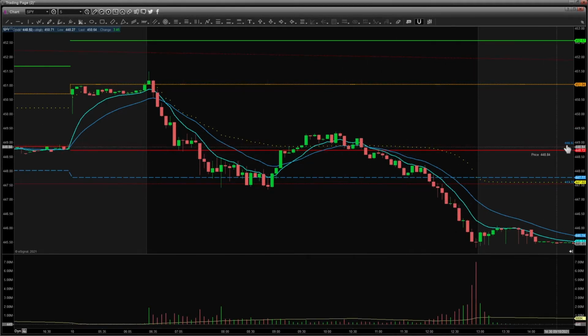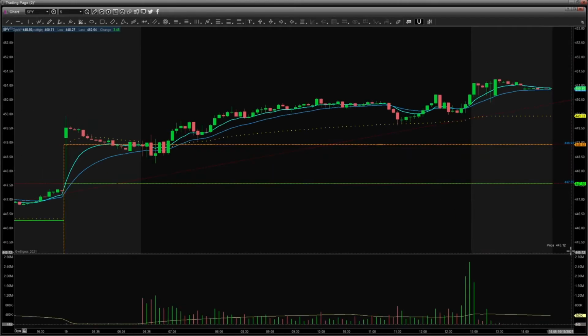So this is a significant line, 448.92. And if we fast forward to today, I'm just going to click this arrow down here. We came into this level exactly and actually opened at 448.92.